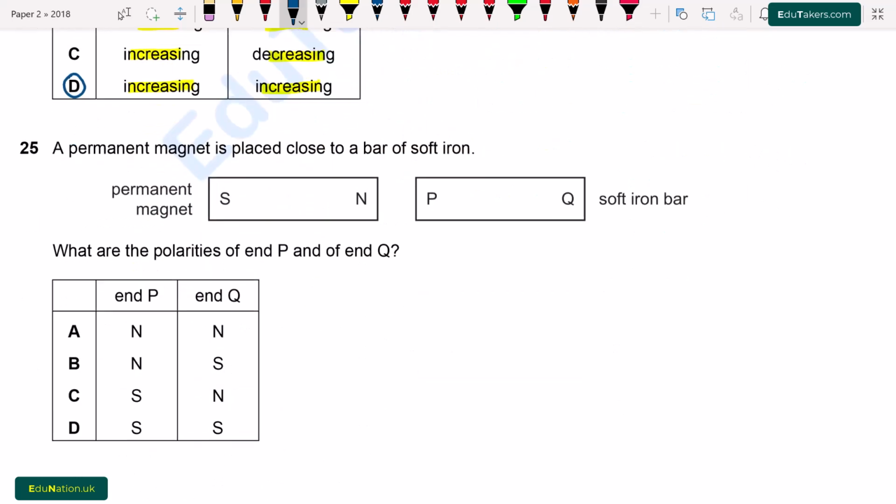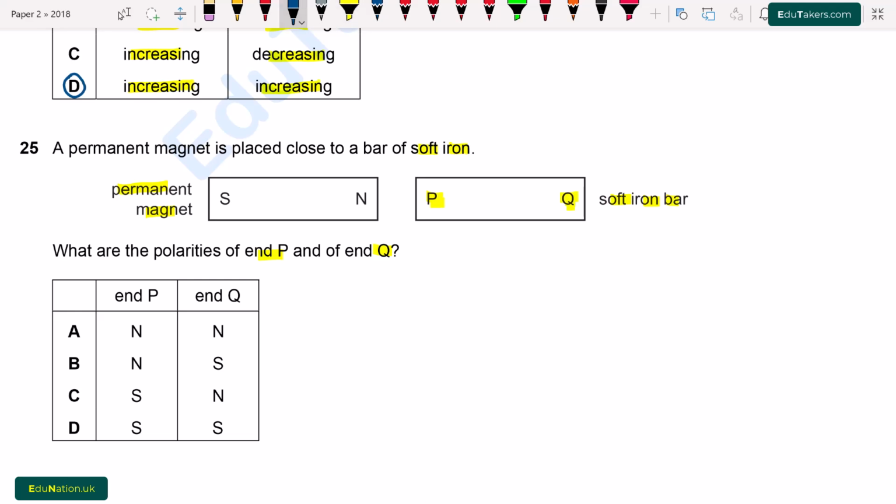Question number 25. A permanent magnet is placed close to a bar of soft iron. There is a permanent magnet and it is placed close to the soft iron bar. What are the polarities of the end P and of the end Q? So we have to find out these polarities.